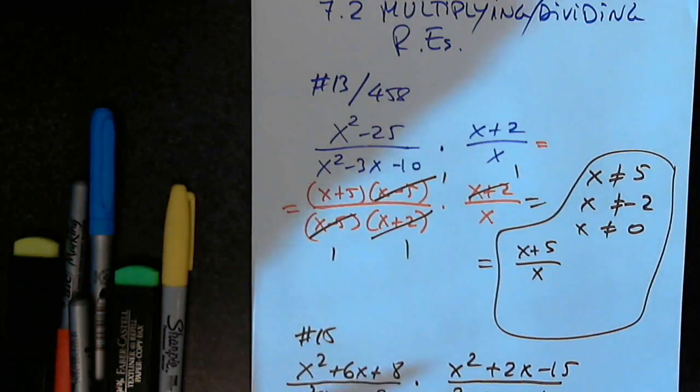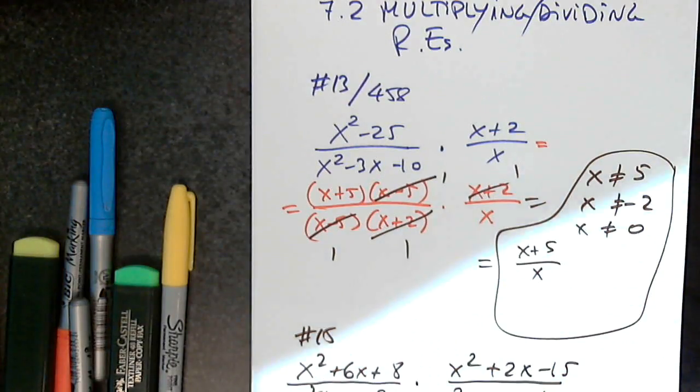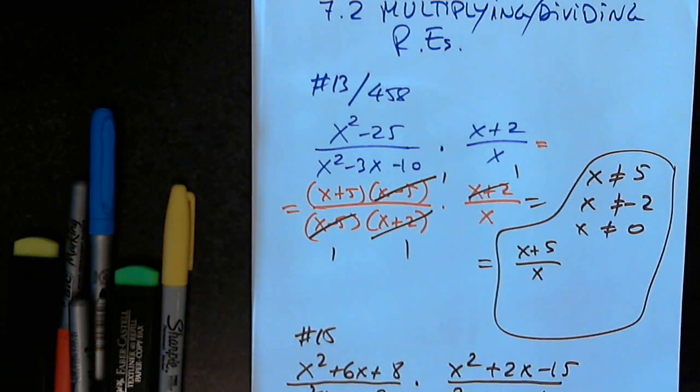Not a difficult situation because the leading coefficients of all these are 1. One minute, and I put my attendance in the meantime. Okay? Don't forget to factor everything, state restrictions, and then simplify.